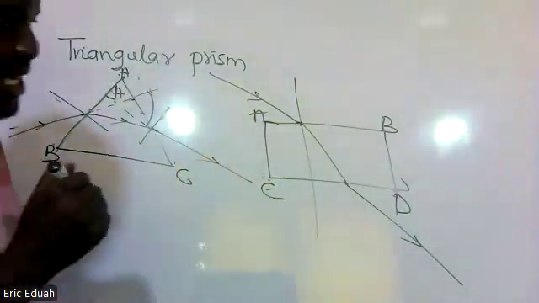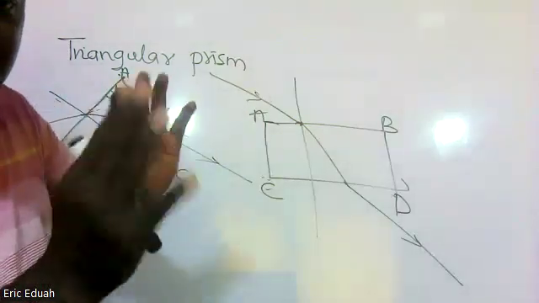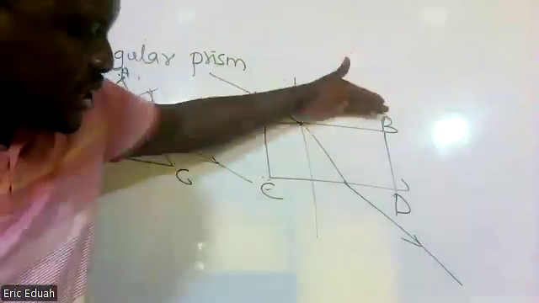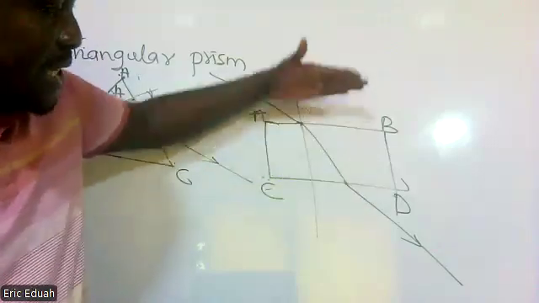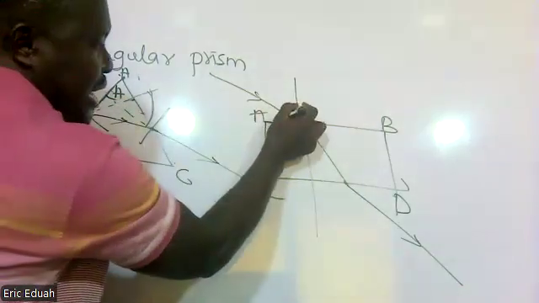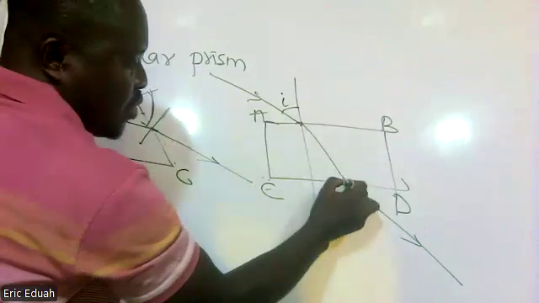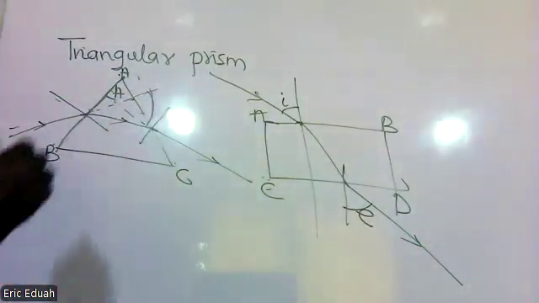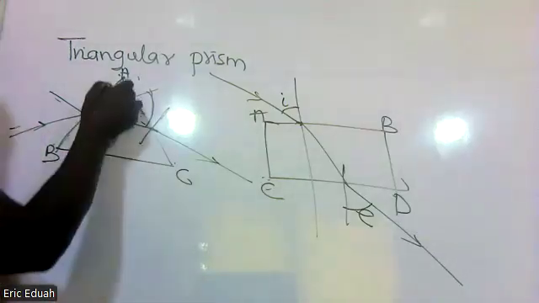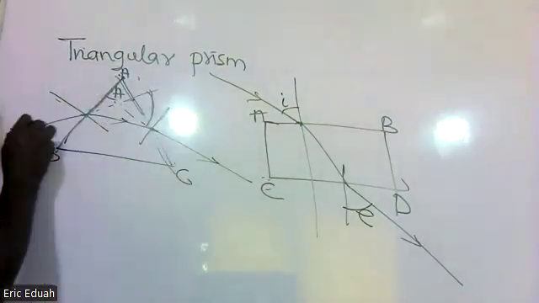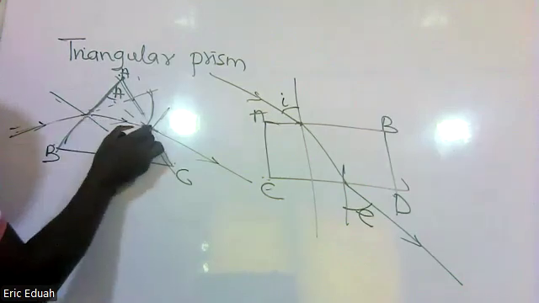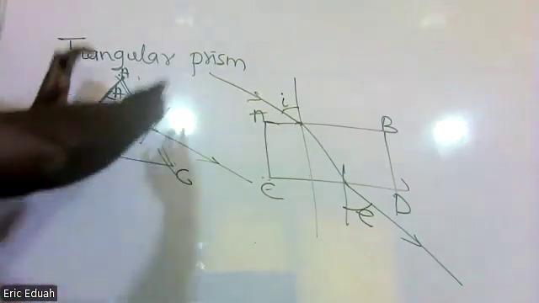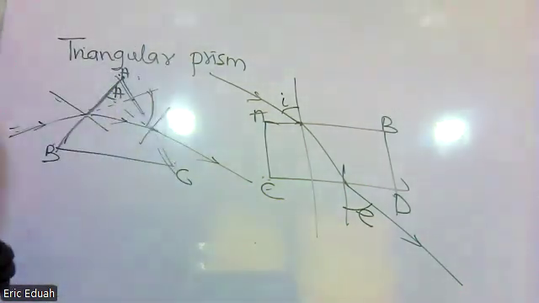So the deviation is just similar to only one situation because whatever is here is equal to this. And that is why angle of incidence equals the angle of emergence E. But as for this, because these sides are not parallel, light will go through deviation here and will also go through deviation here to form a larger deviation.